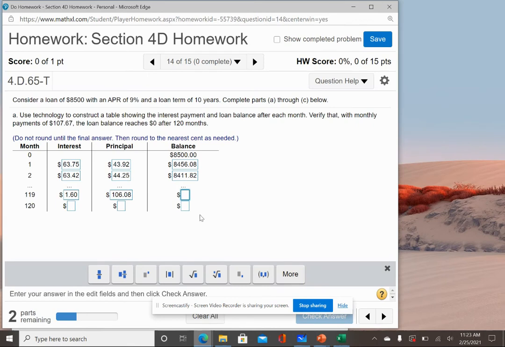So let's put 106.87. And then we're going to end it out to where we should end up with a principal amount remaining of 106.87, where our ending balance was 0.